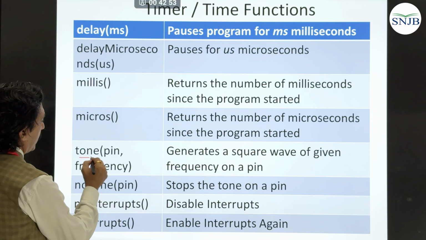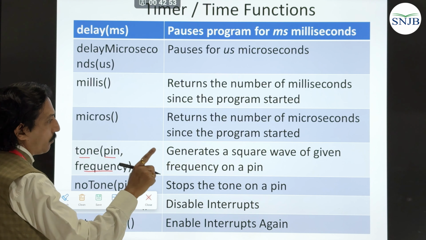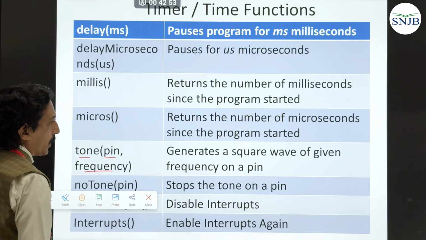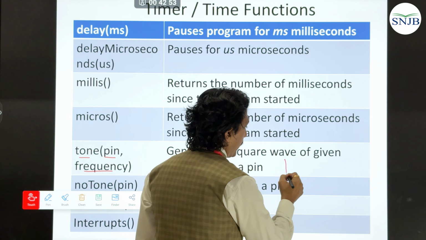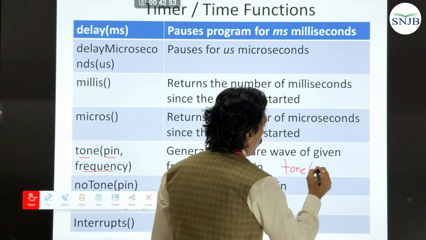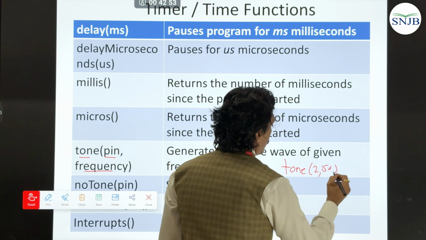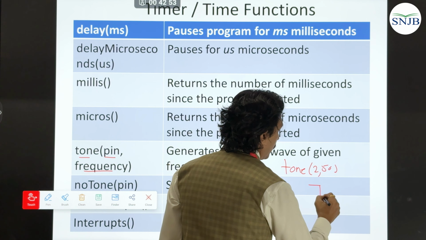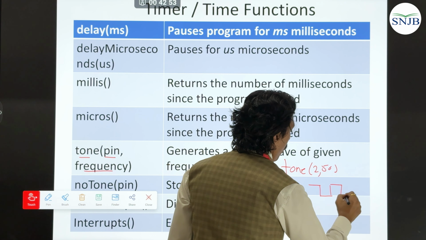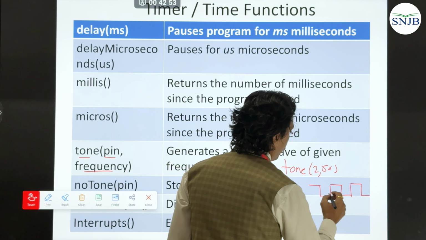tone, with pin and frequency, generates a square waveform of that frequency. For example, if you write tone(2, 50), it generates a square waveform of frequency 50.